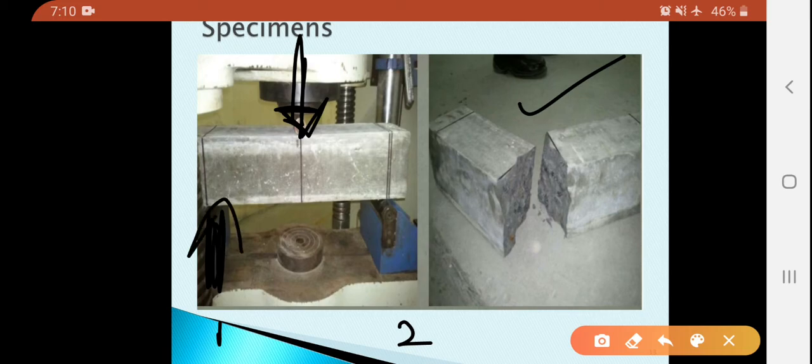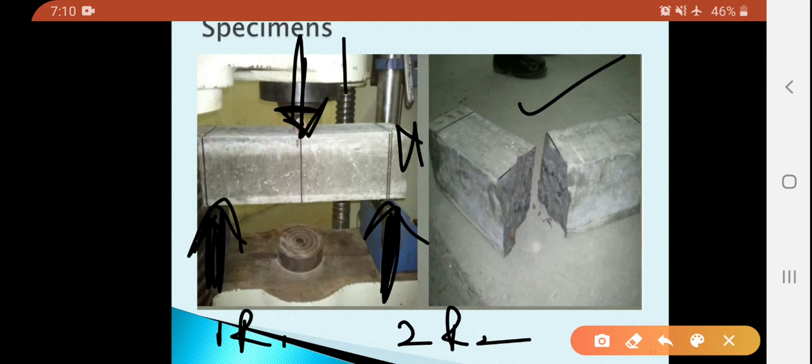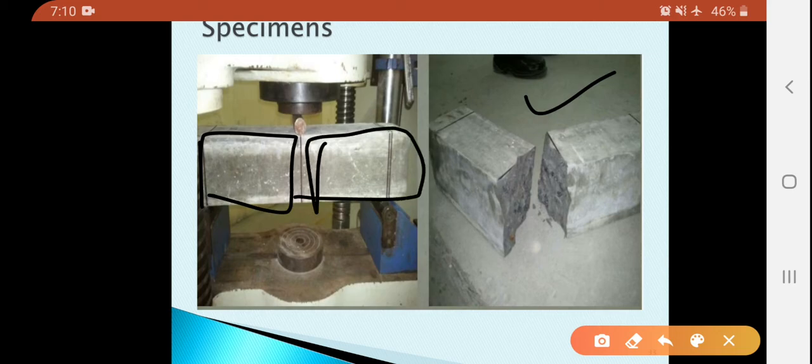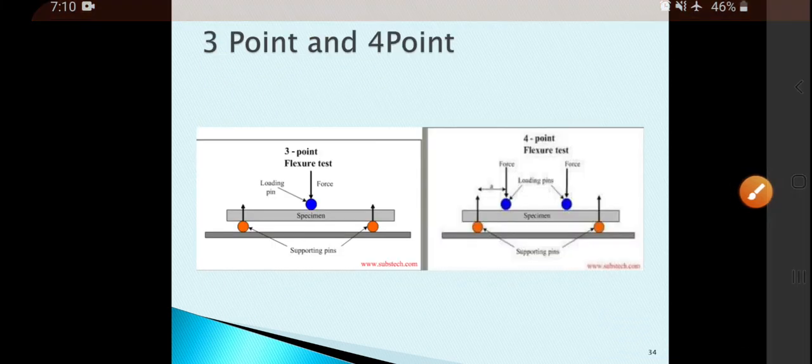The reactions R1 and R2 tend to act in an upward direction, but the point load P acts in a downward direction. Ultimately the concrete block breaks into two pieces, that is the failure. If it happens, we can say the concrete has completely failed.